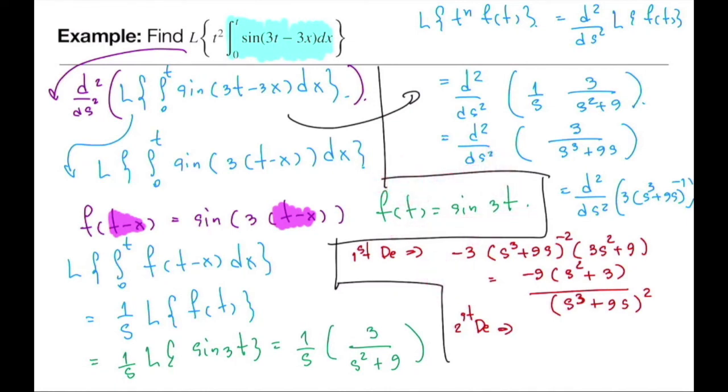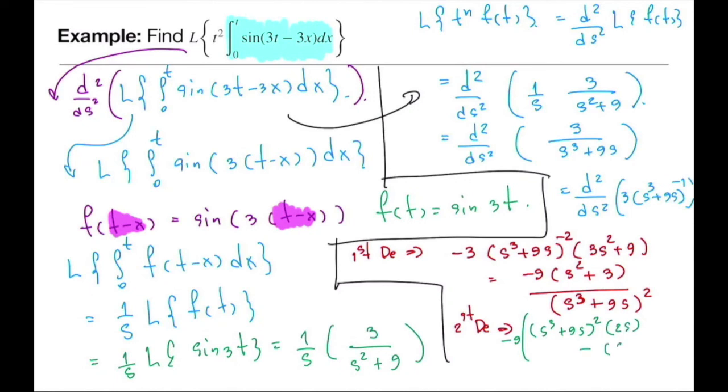That's the formula. So we have low d high. I leave minus 9 out of it. D high would be 2s.